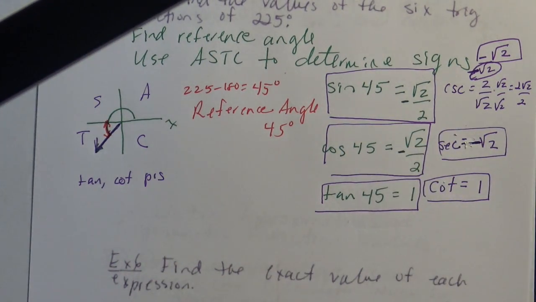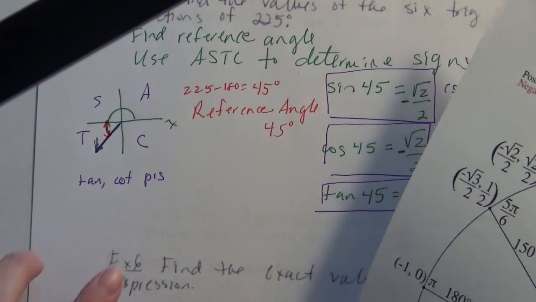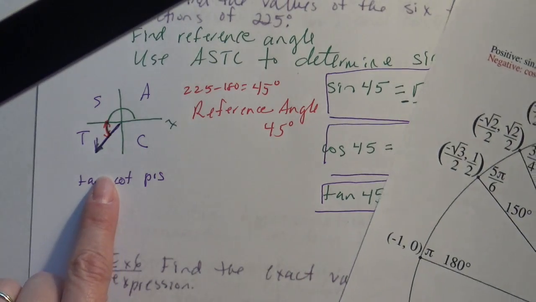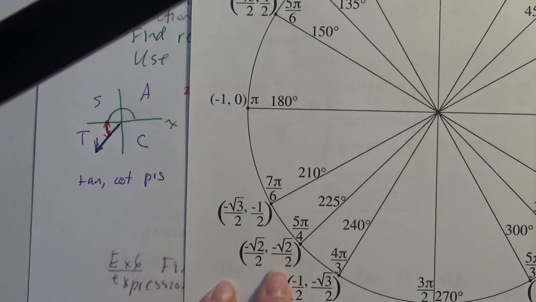Now, you might be wondering, okay, why did I have to do the reference angles and worry about all silver teacups when I could have just read it directly from the unit circle? Well, let's find this. Remember, 225 was way down here in quadrant 3. And you're right, you could read sine and cosine directly from this. But how much of the unit circle are you willing to memorize?